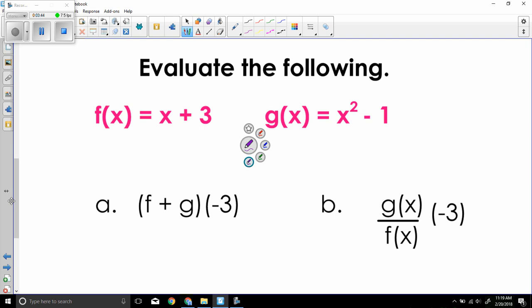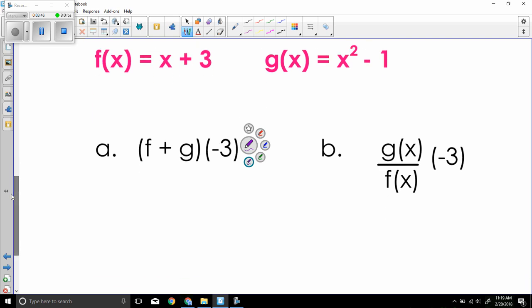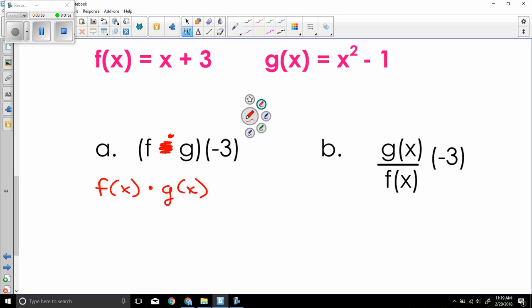Some more examples here. I think on this example, instead of this plus sign, I'll just put a multiplication sign. So I want to do f of x times g of x. Now, this is what we normally would see, f of x and g of x. But instead of the x, now all of a sudden I have this negative 3.